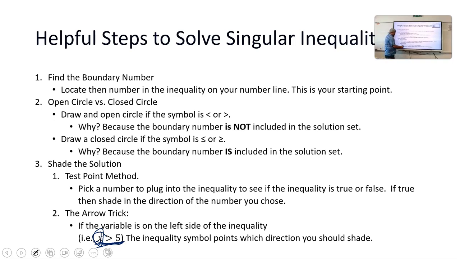The inequality is greater than, it's pointing to the right, which means I would shade to the right. Those are two different ways you can double check. Make sure this arrow trick only works if the variable's on the left. If I had 4 is less than x, then you can't say it goes to the left. It's actually the opposite if the variable's on the right.